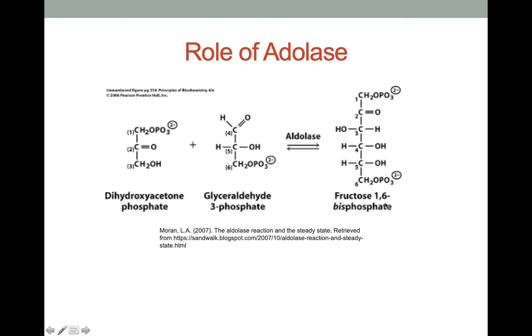If we have fructose 1,6-bisphosphate, we split that into two 3-carbon molecules, dihydroxyacetone phosphate and glyceraldehyde 3-phosphate. So these two are formed by the action of aldolase. Now, if I have these two in gluconeogenesis, I can combine them through the action of aldolase and form fructose 1,6-bisphosphate. So aldolase provides us with this. It's the one that actually cleaves the molecule in half, and it cleaves between the 4th and the 3rd carbon. So we have both molecules where we need them to be and get what we want out of it.